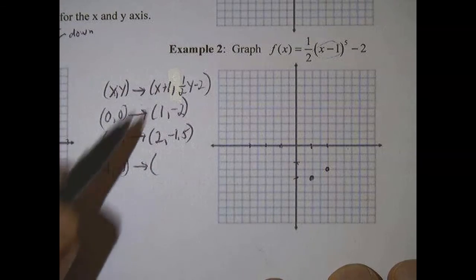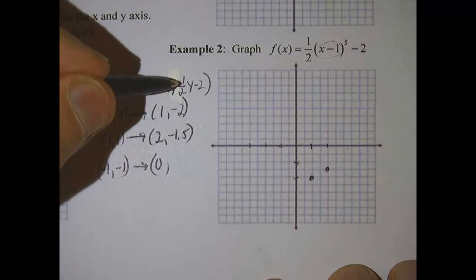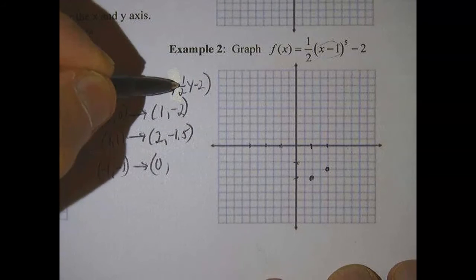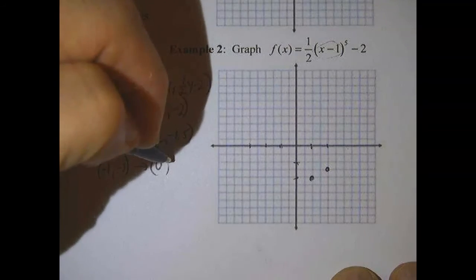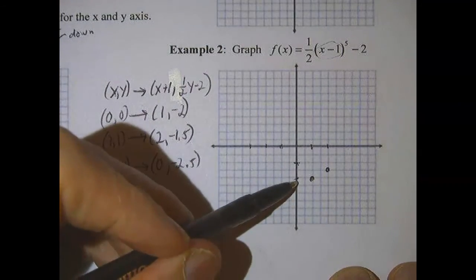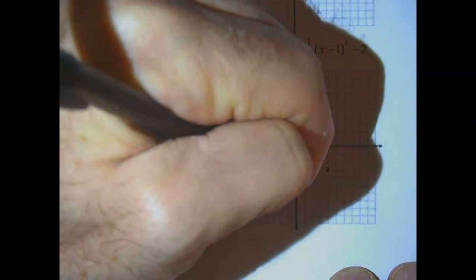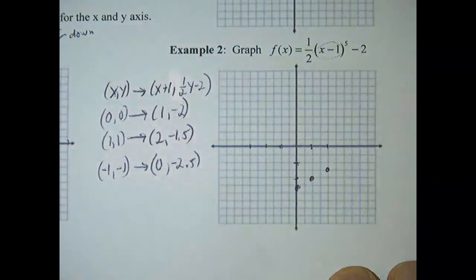So we have negative 1 plus 1 is 0. And 1 half of negative 1 is negative 1 half. So that minus 2 is negative 2.5. So we've got 0, negative 2.5 right there. And there's our function. It just goes something like this.